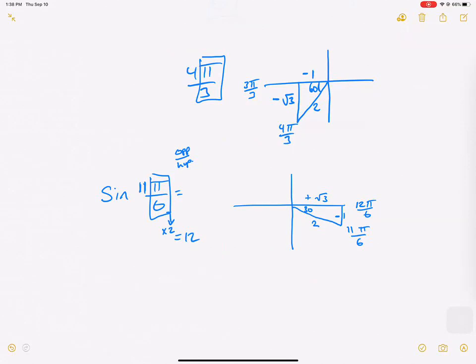Where does the numerator come into play? The numerator is what you're multiplying pi by. Does that determine what quadrant the triangle is in? Yes, it does. Think of it as how many pieces you have. I have 11 pi over 6s, so it's 1, 2, 3, 4, 5, 6, 7, 8, 9, 10, 11.